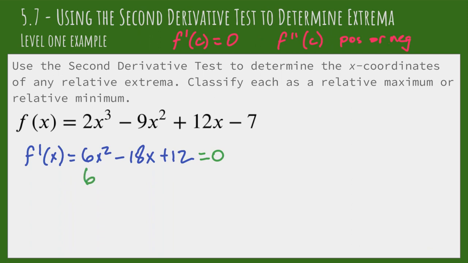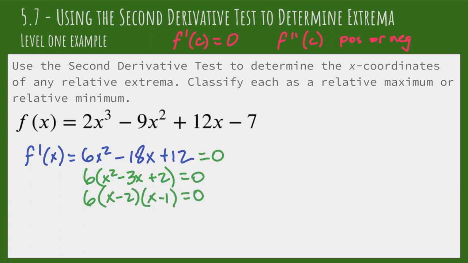We can factor out a 6, and then we can factor that polynomial. And so we get critical values at x equals 2 and x equals 1. Now, specifically, these critical values, again, are where the derivative is equal to 0, and that is necessary to use the second derivative test.